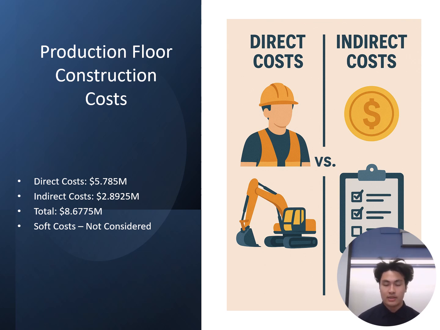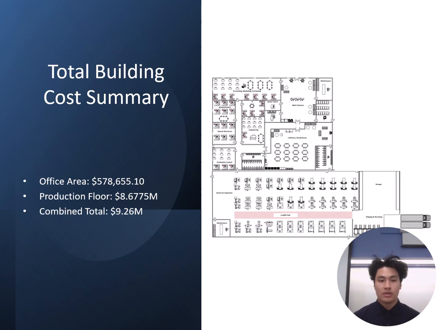And from the Statistics Canada quote from 2024, indirect costs for last year could be anywhere from 20 to 50% of the direct costs. Leaning into the worst possible case scenario, we calculated that indirect cost is directly half of the total cost. So that brings our production floor cost to $8.6 million.